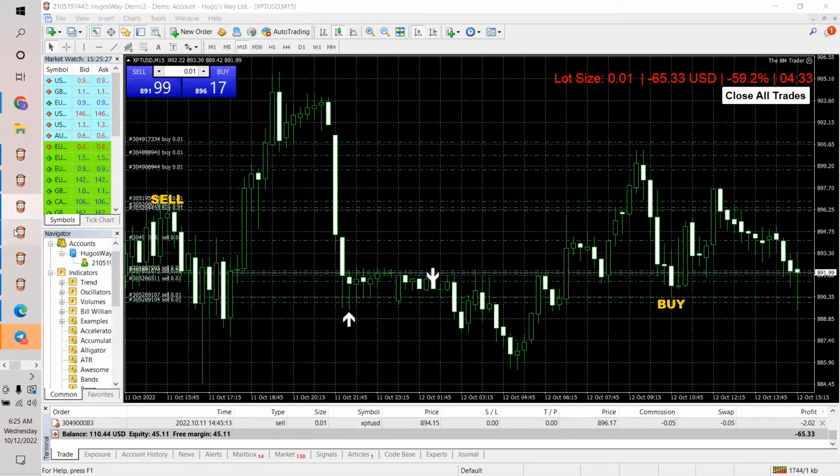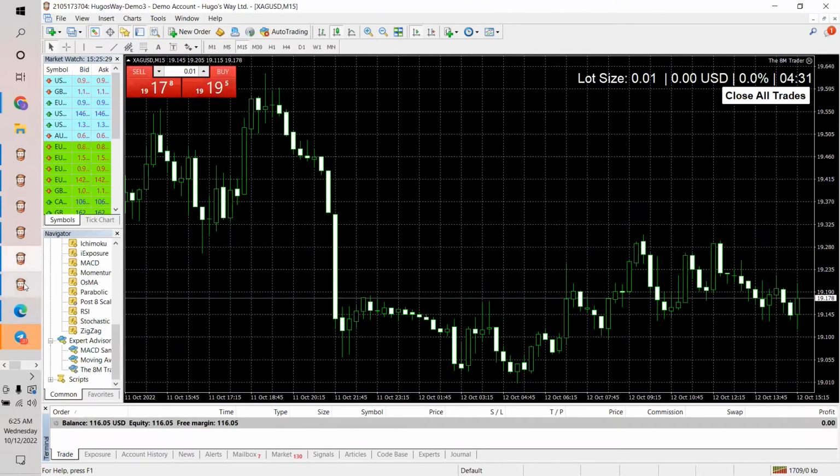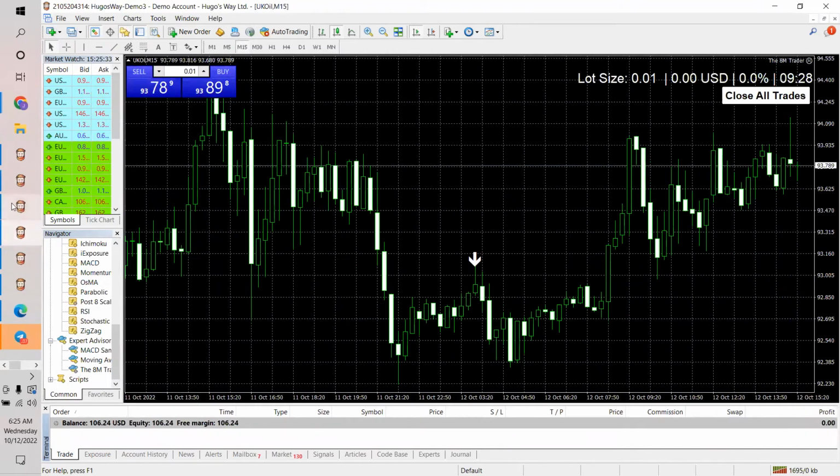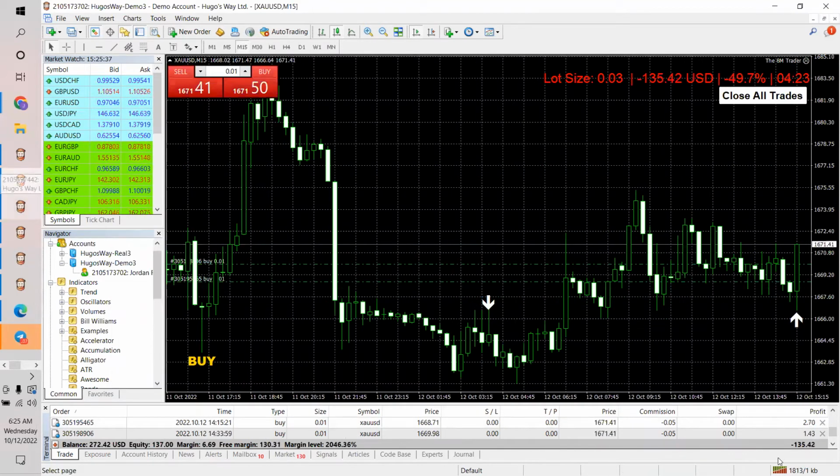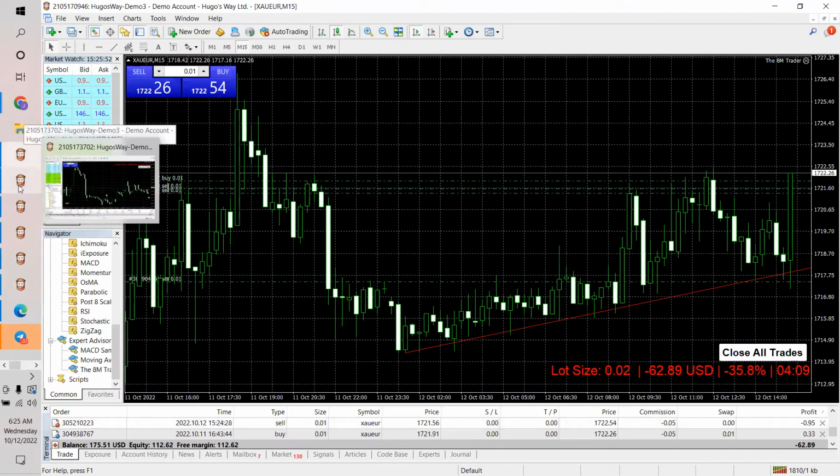Platinum is just kind of hanging out on the balance right there. And then we've got silver and the two oils, US and UK oil, not showing us anything as of yet. So absolutely perfect. Now we're still moving in the right direction with some of these trades right here, which is awesome. We're about to see what happens with gold versus USD right there.